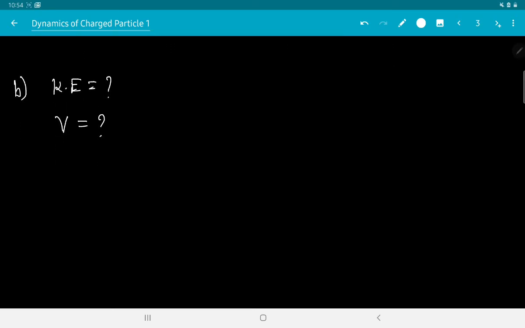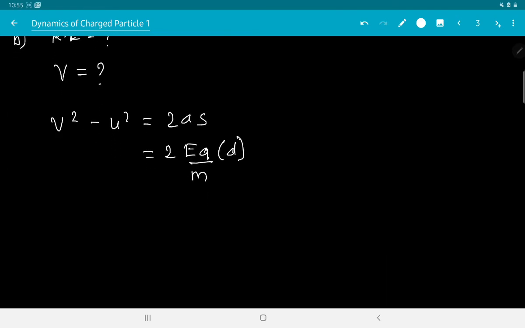To find the velocity, we will use the equation v square minus u square is equal to 2as. Now a, as we know, is EQ by m, where m is the mass of the particle. s is the displacement, which here is nothing but the distance between the plates.